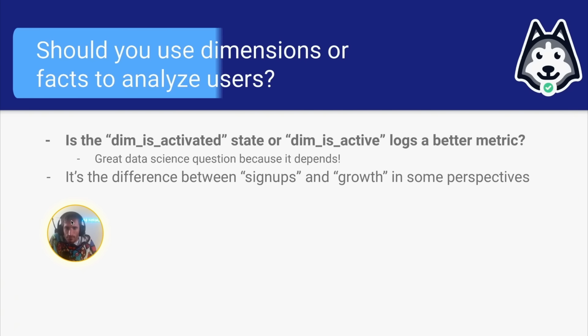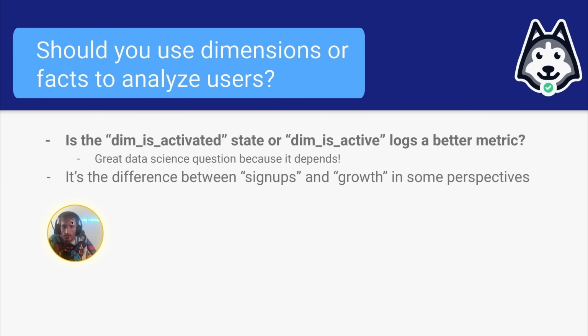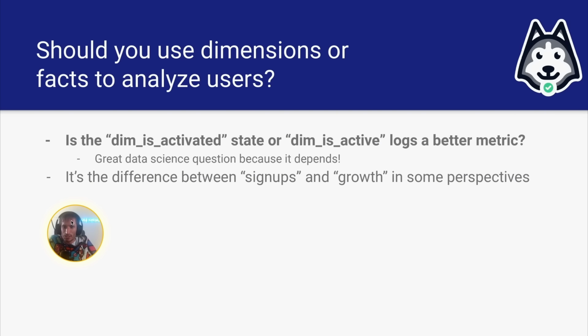Well, here's another great thing to think about: should you use dimensions or facts to analyze users? Do we care more about how many activated users there are or how many active users there are? The answer is probably both.